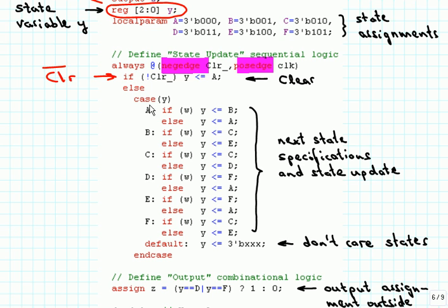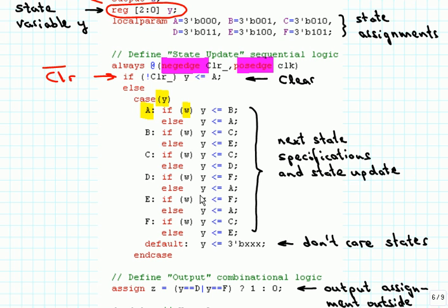If the current state is A, for example, and if W is 1, then the next current state is going to be B, and if W is 0, the next current state is going to be A, and so forth. So we basically bypass this capital Y computation by just making the loop around the flip-flops here directly update the state of the flip-flops.